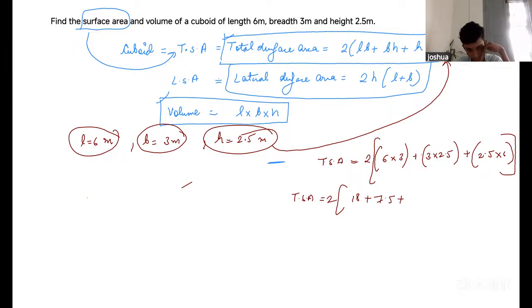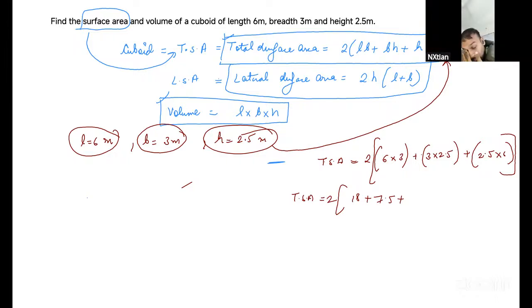And 6 into 2.5 is 15. So TSA is equal to 18 plus 7.5 plus 15, which is 40.5. So 2 into 40.5 will make 81 centimeter square.